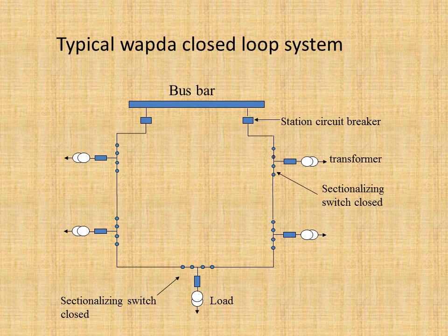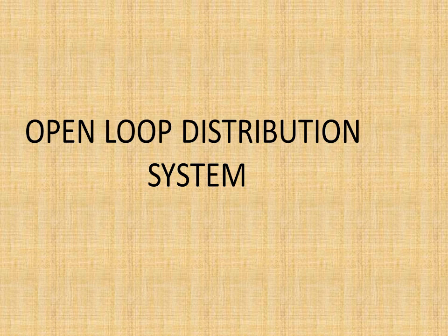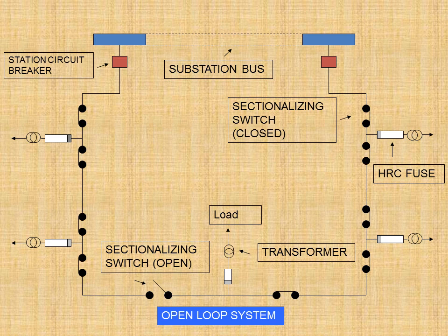This is a typical WAPDA closed loop system, which contains the bus bar, the station circuit breakers, the transformers, and the sectionalizer switches, which are closed in a closed loop system and made open whenever an open loop system is considered. The basic difference between an open loop and a closed loop distribution system is created by the sectionalizing switches, which may open or close as per the requirement.